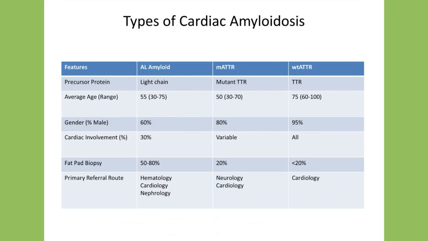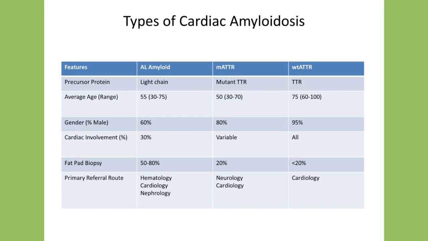Looking at the three types of cardiac amyloidosis, we have the light chain, the mutant, and the wild type. When we look at average presentation of patients with AL, patients are generally in the range of 30 to 75 years, but on average about 55 years of age.